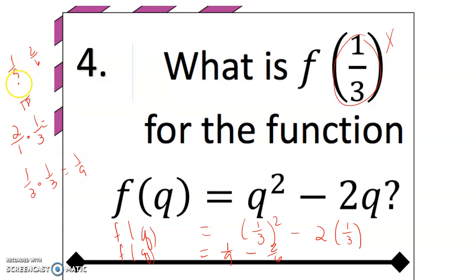I had to multiply 9 by 2 to get 18, so 2 times 1 is 2. I had to multiply 6 by 3 to get 18, so 2 times 3 is 6. We got 2 minus 6 is negative 4. Sorry, negative 4 over 18, which then simplifies to negative 2/9.